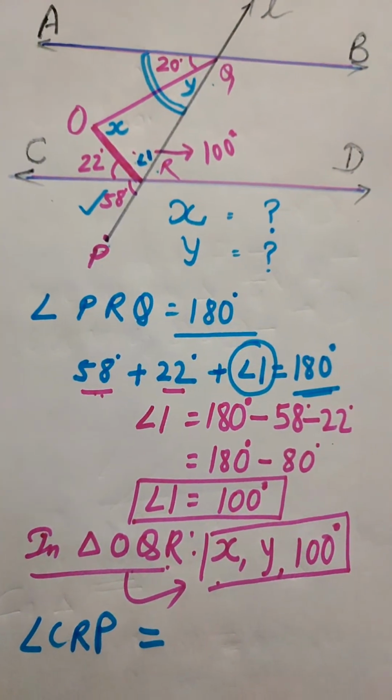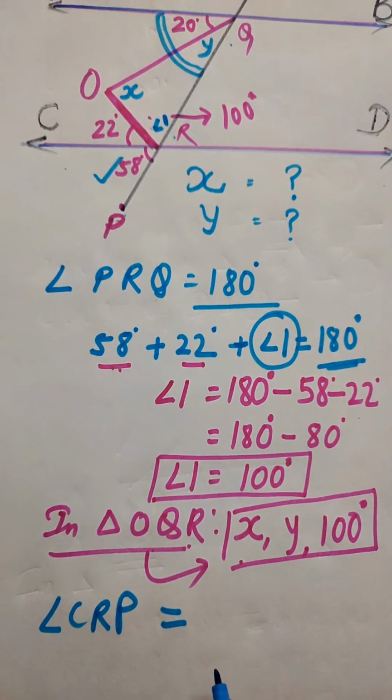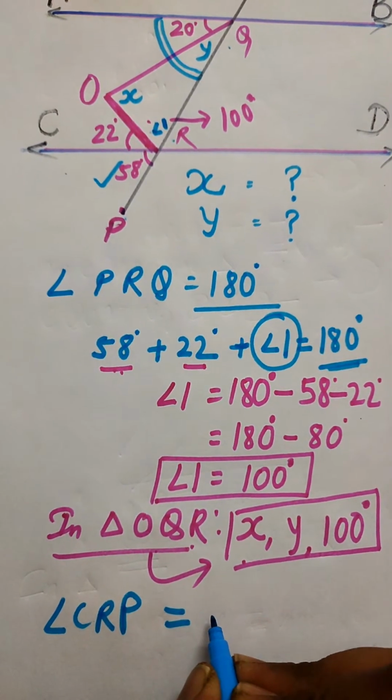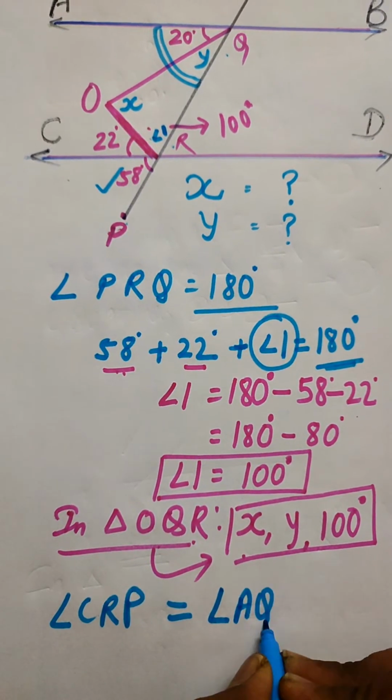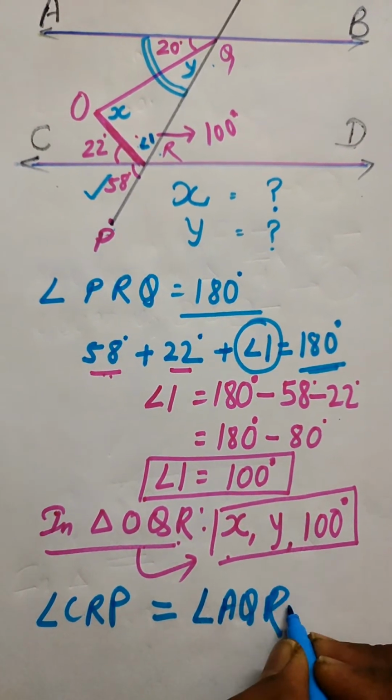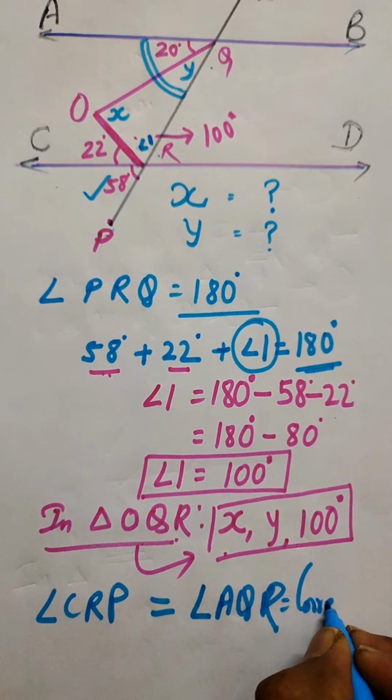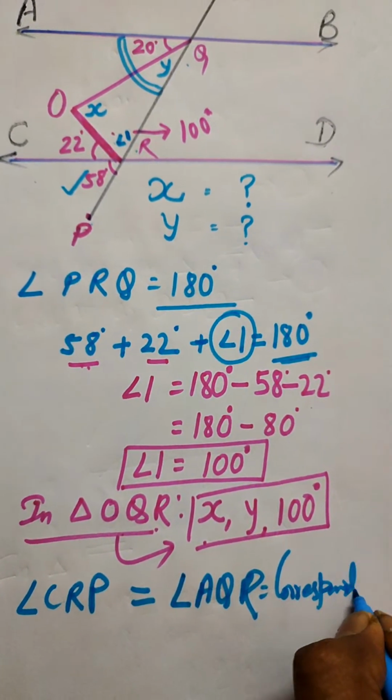These are corresponding angles and they will be equal. So angle CRP will be equal to angle AQR because these are corresponding angles, right?